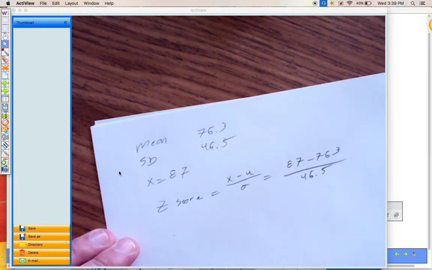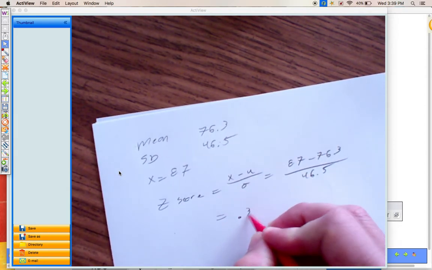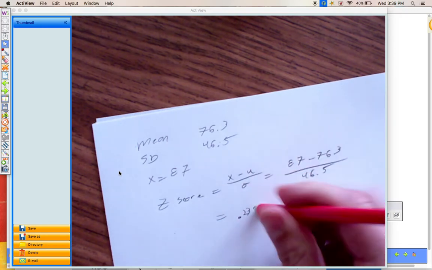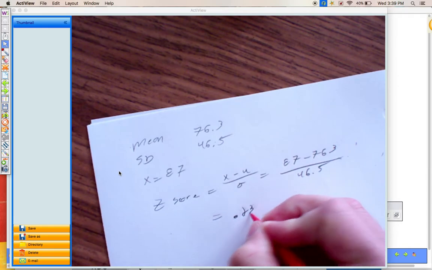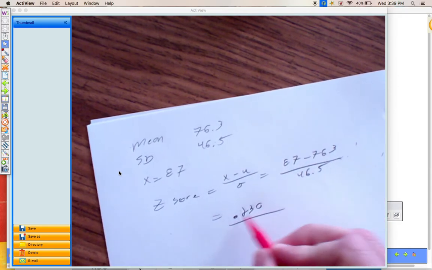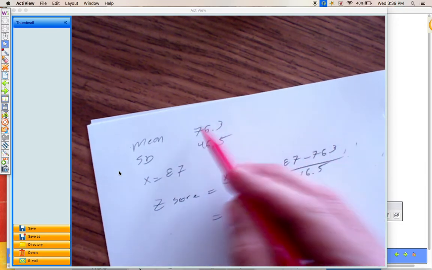I'm going to go to my calculator. 87 minus 76.3 divided by 46.5. And my z-score would be 0.230. So we are 0.230 standard deviations away from the mean.